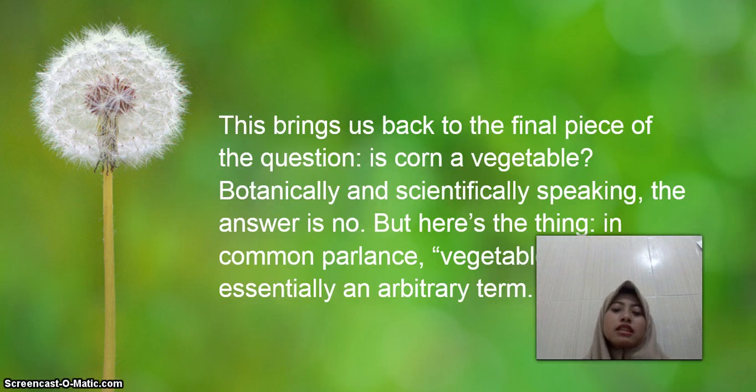Grains are a type of fruit. So yes, corn is both a grain and a fruit in the same way that wheat, millet, and oats are. This brings us back to the final piece of the question. Is corn a vegetable?